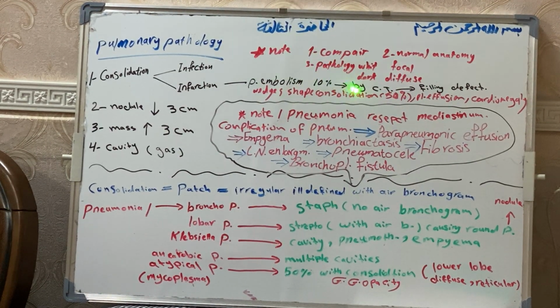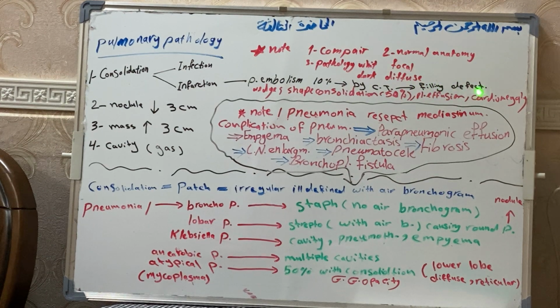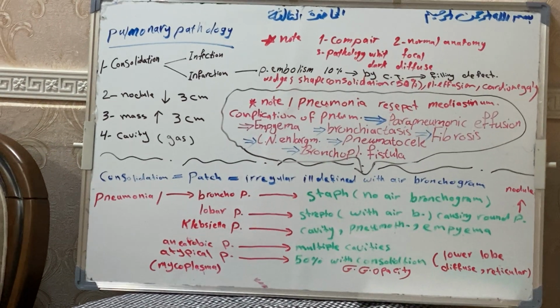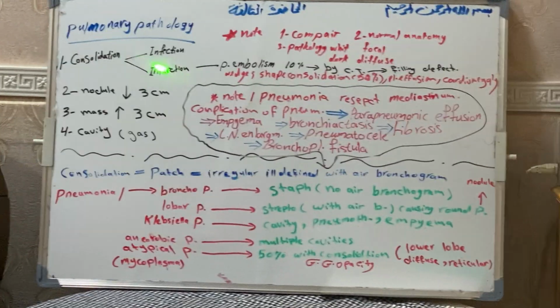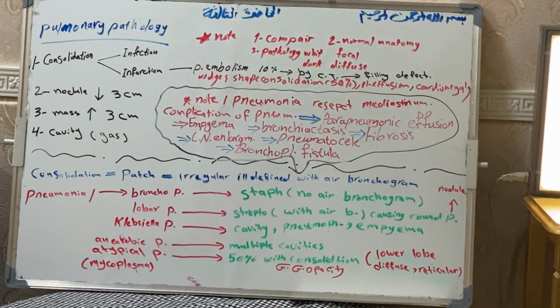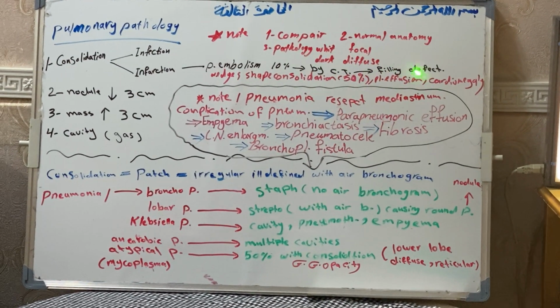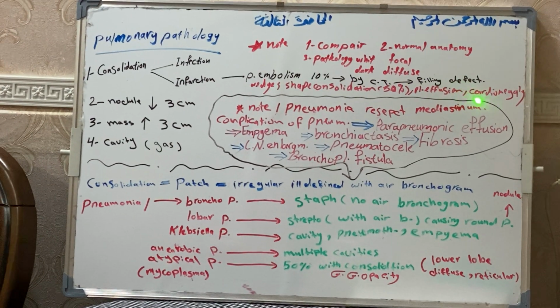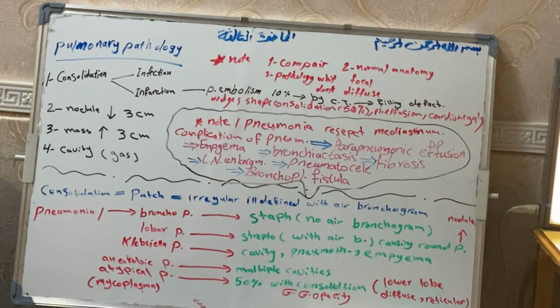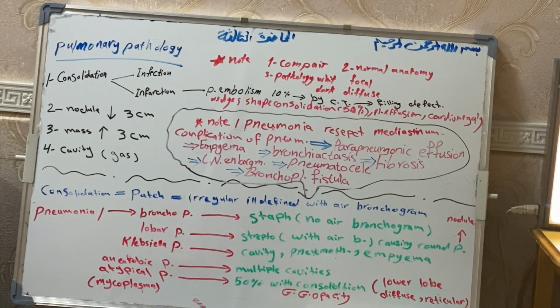By CT angio, we see a filling defect in the pulmonary artery. So the infarction is a wedge-shaped consolidation in 50%, and sometimes associated with pleural effusion and cardiomegaly, and sometimes with elevation of the diaphragm. This is the infarction.